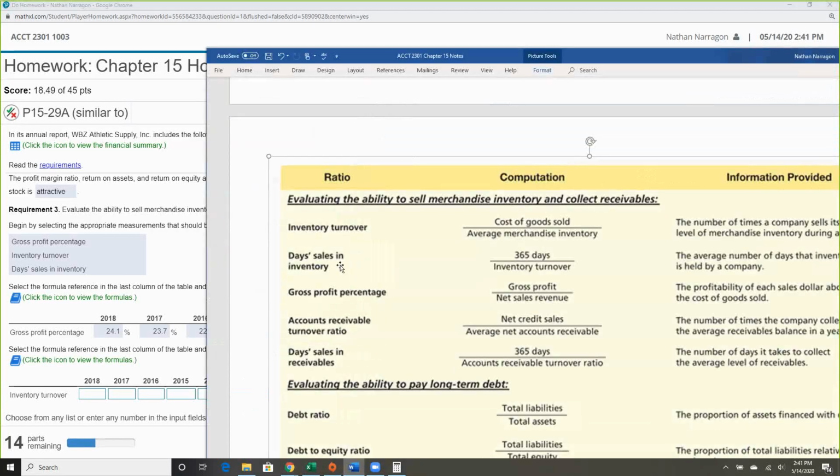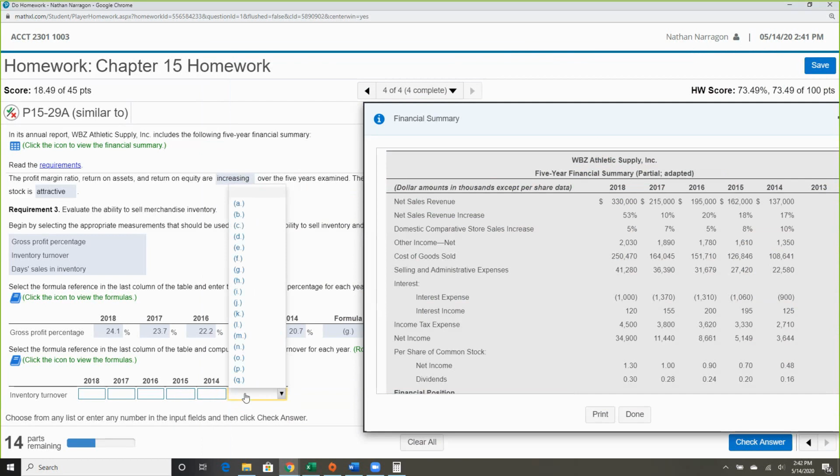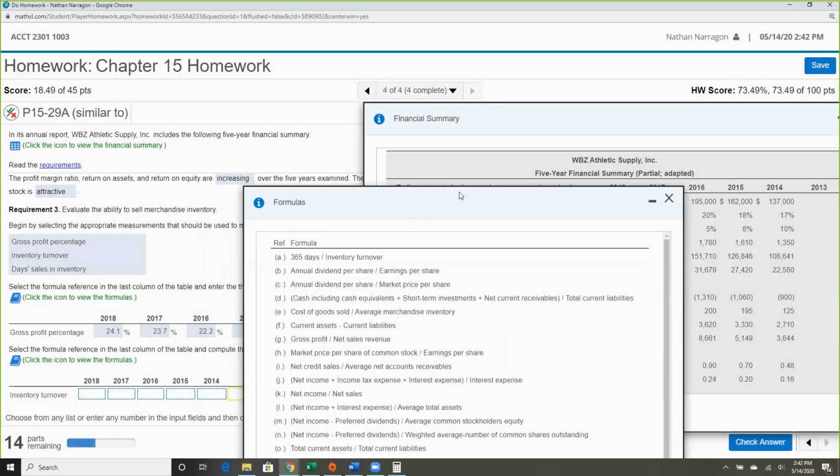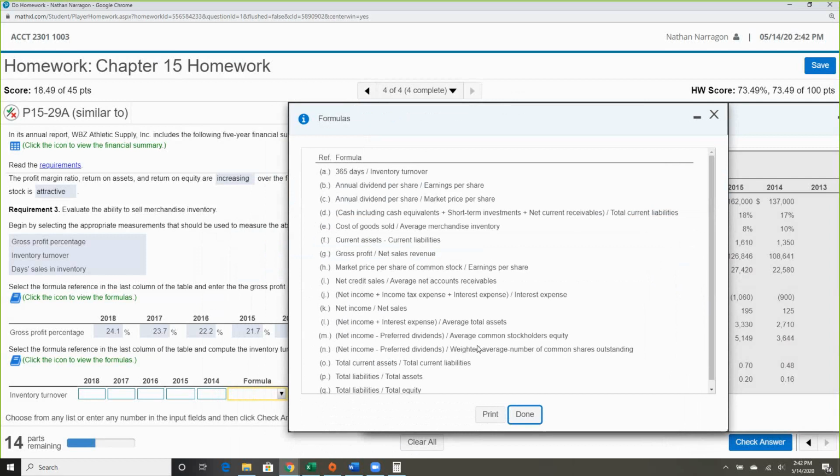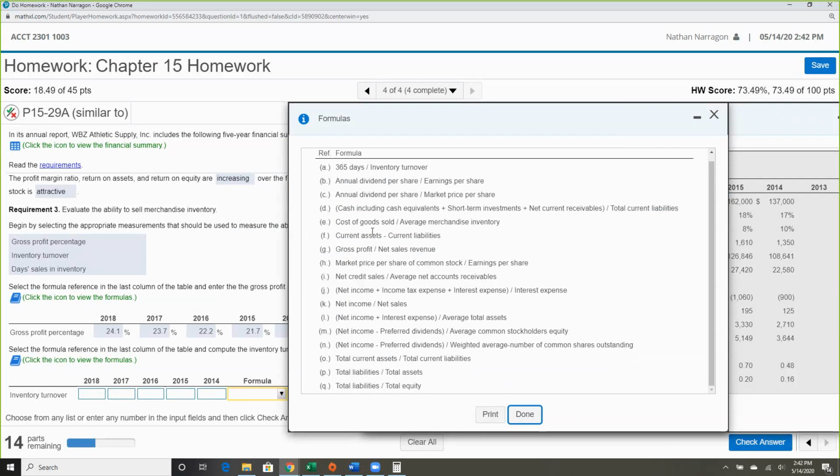Alright, so now inventory turnover. Cost of goods sold divided by average merchandise inventory. So there we go.